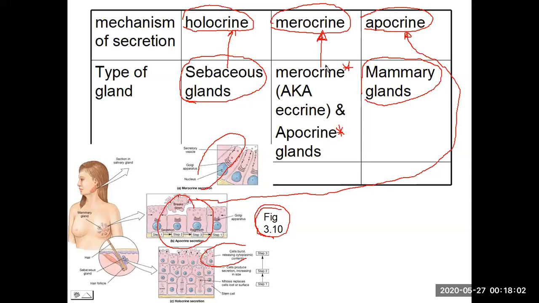So we don't want the names to confuse us. There's the names for the processes, and there happens to be a merocrine process and an apocrine process. But we don't want to get confused by the names of the glands: merocrine sweat glands, apocrine sweat glands. And you see that the name of the gland does not always match up to the name of the process.